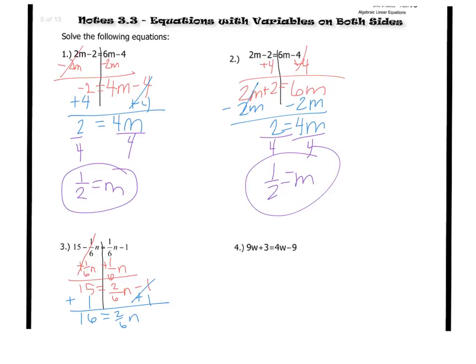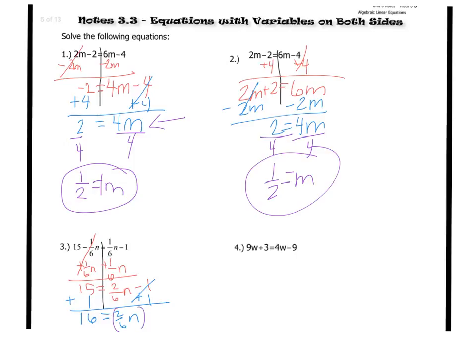Now to get rid of a fraction, to make this 1n, because that's what we're doing every time. Up above in number 1, the reason why we divide by 4 is because 4 divided by 4 is 1m. So instead of just m, you could write 1m. So to get n for number 3, you want it to be the same number in the numerator as it is in the denominator.